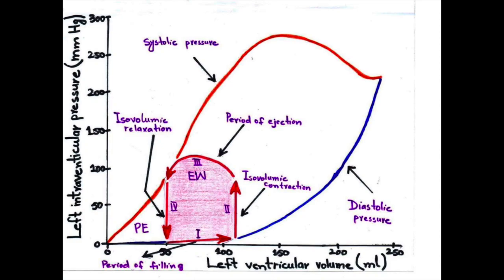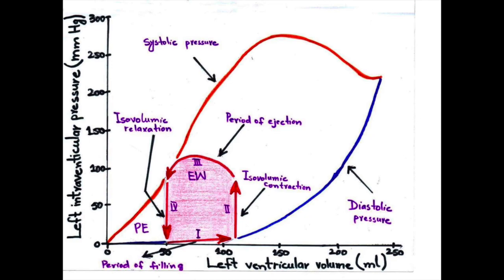If you see the diagram of left intraventricular pressure and left ventricular volume, it shows all the stages of ventricular relaxation and contraction. This is a little early because we did not discuss ventricular contraction yet, but in the diagram, if it starts from phase 1, the volume in the heart is 50 ml.